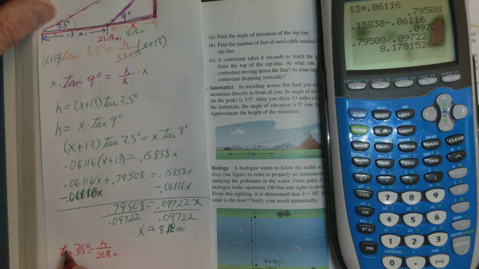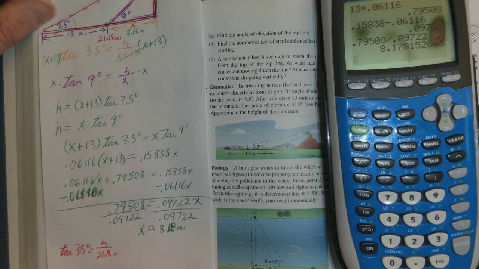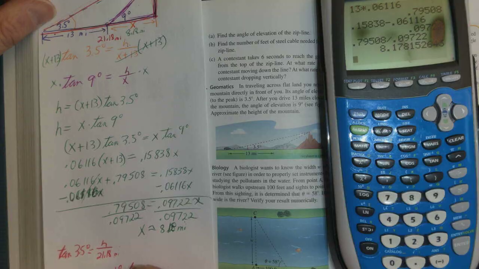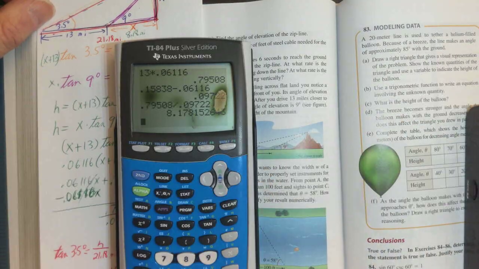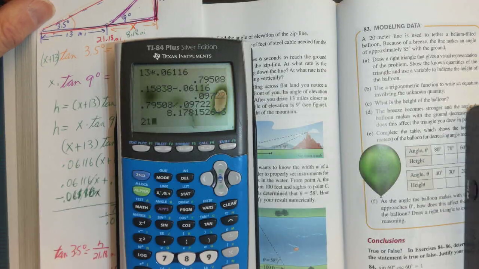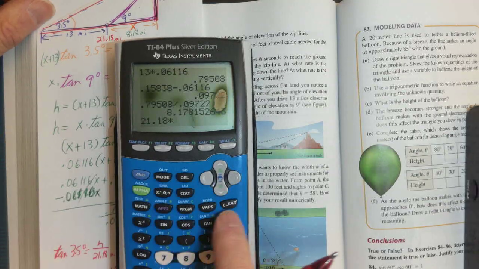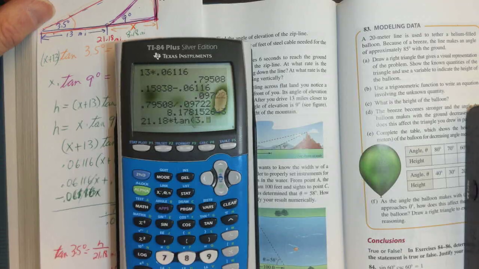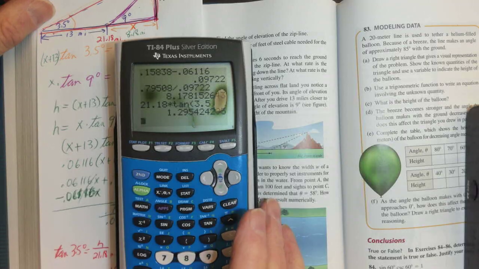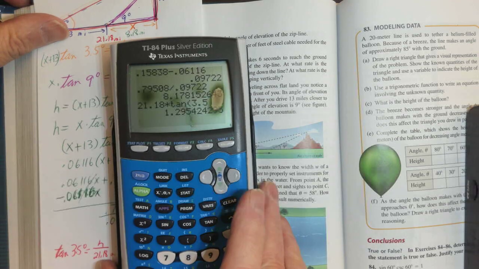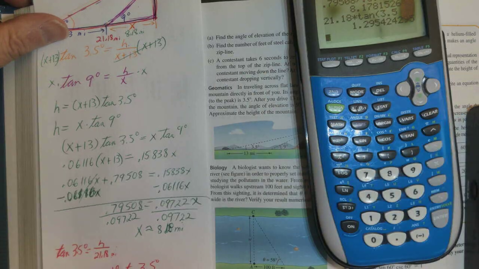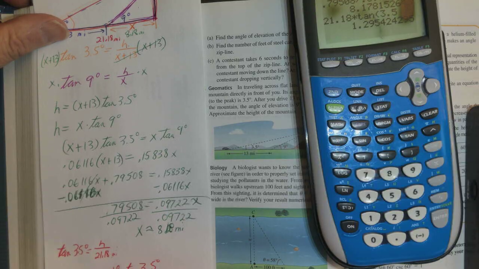So if I multiply both sides by 21.18, I get 21.18 times the tangent of 3.5 degrees. 21.18 times tangent of 3.5 degrees. That's 1 point, I'm just going to go 1.3 miles. H is approximately 1.3 miles.